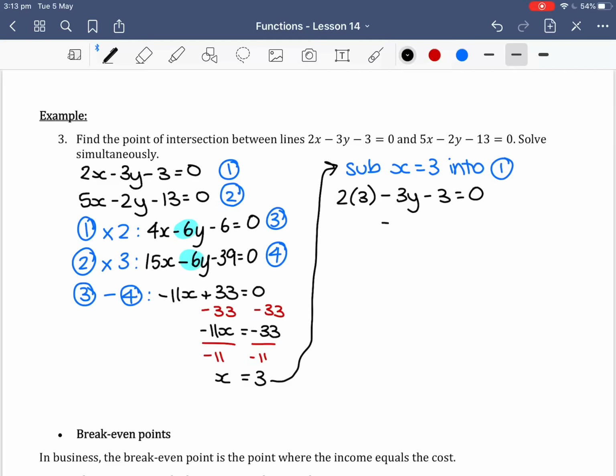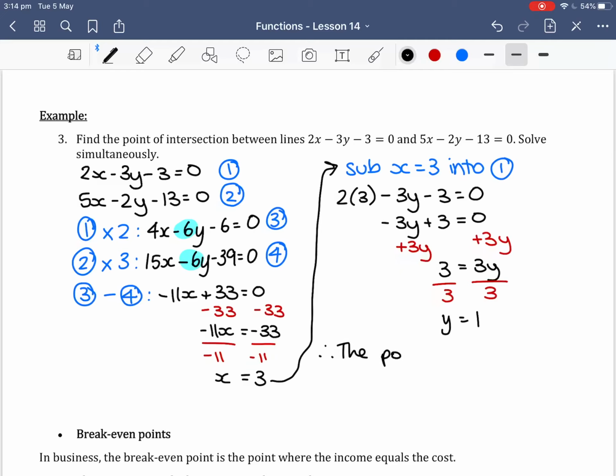So then we have minus 3y, 2 times 3 is 6, minus 3 is plus 3 equals 0. We're actually going to add the 3y to both sides of the equation to make it positive. So then we have 3 equals 3y. Divide both sides by 3. And we get y equals 1.